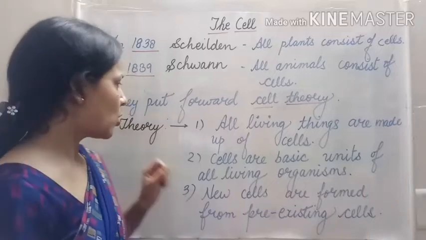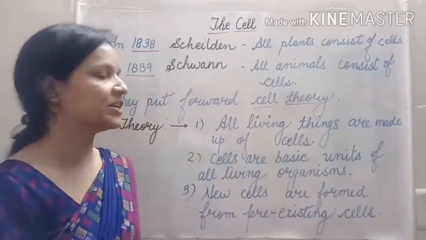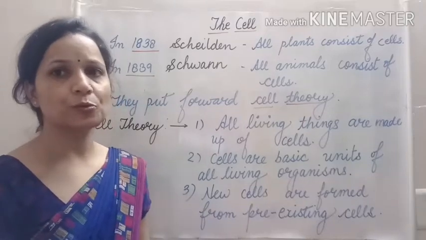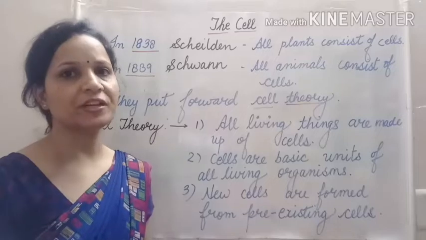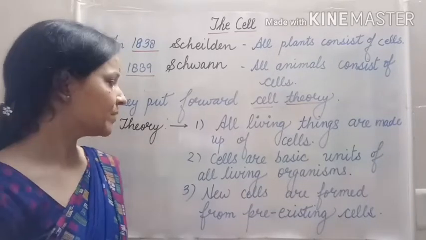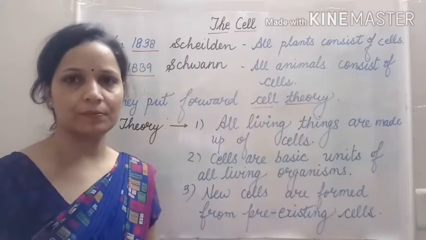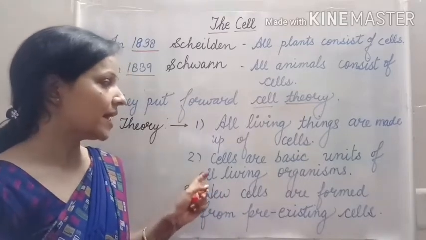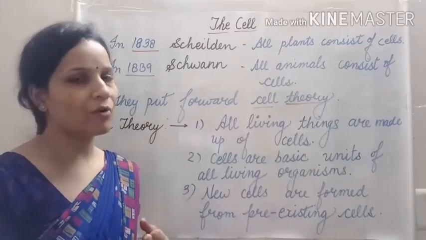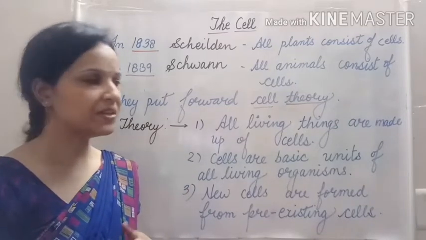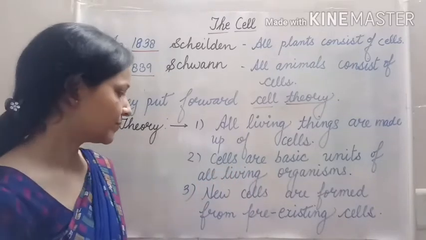According to cell theory, all living things are made up of cells. Cells are basic units of all living organisms, means cells are the basic building blocks, the basic structural unit of all living organisms.